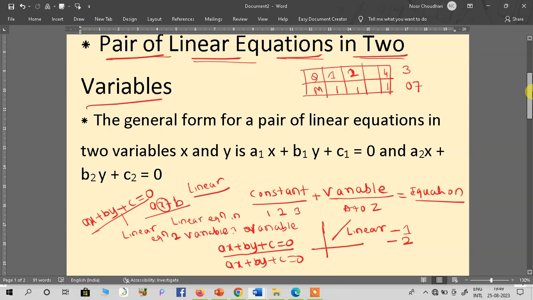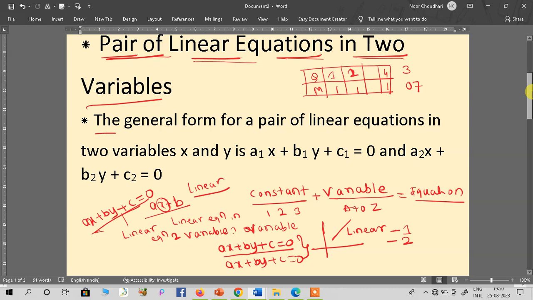So remember it. One variable gives a linear equation in one variable, two variables give a linear equation in two variables, and two such equations together are called a pair of linear equations in two variables.